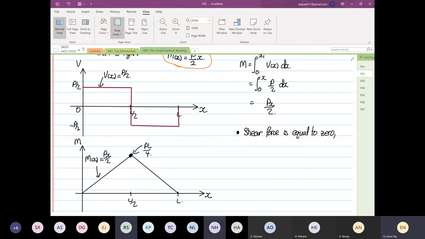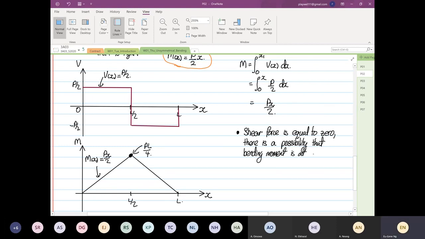Student: You have your maximum bending moment. There you go. Yeah, you guys are remembering now, okay? Where shear force is equal to 0, there is a possibility that bending moment is at its maximum.